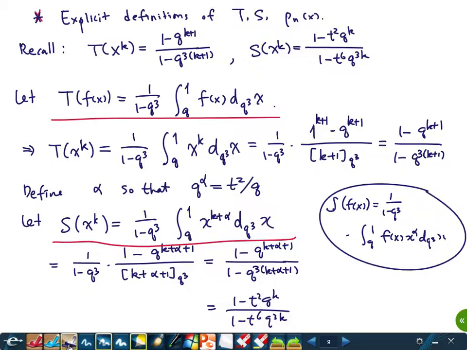Okay, any question? Now what about P? Now it's more complicated, but in the classical q equals 1 case, it was already done, so people could guess and find this explicit formula for P, orthogonal with respect to T, which is given by this formula.